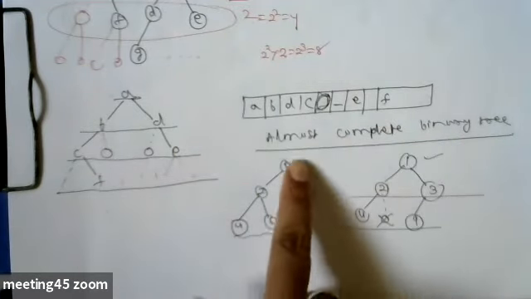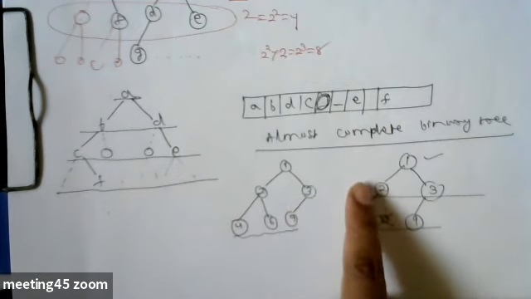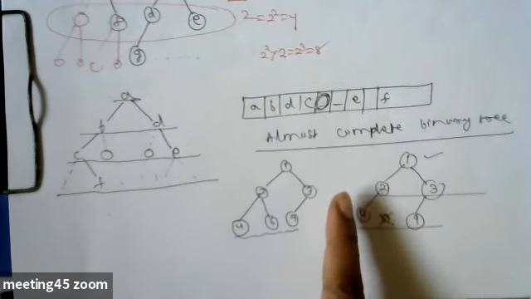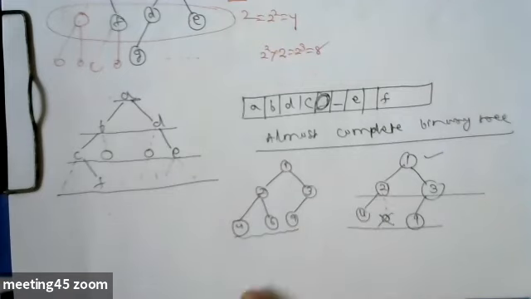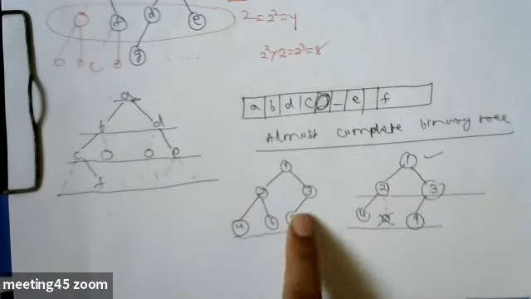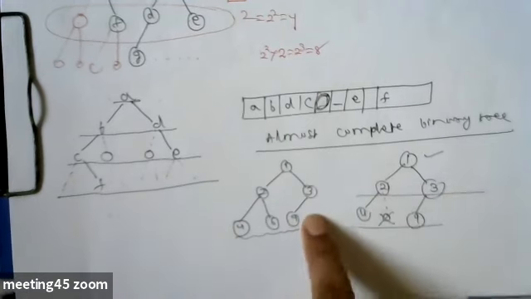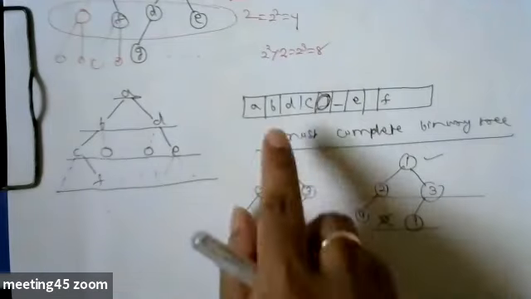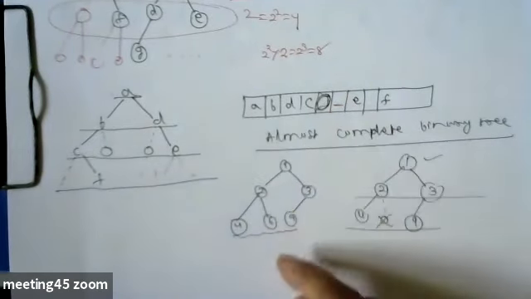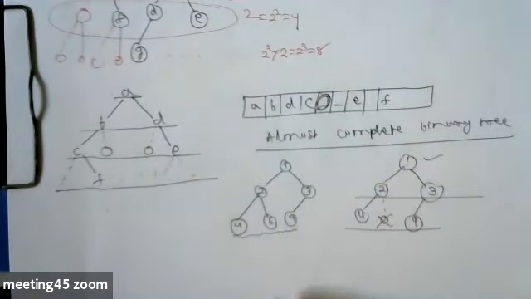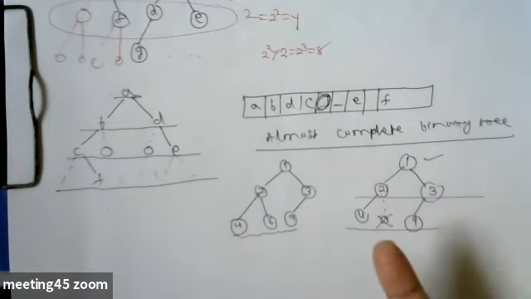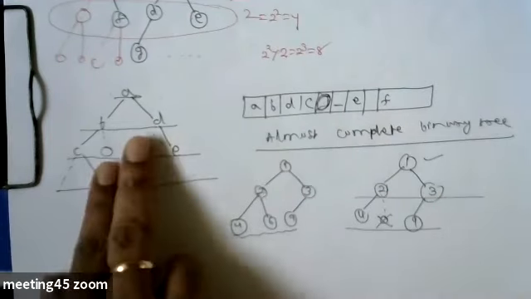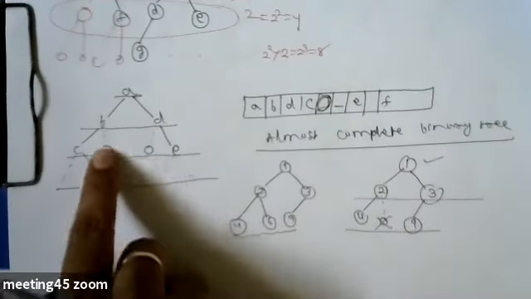But if the same thing is implemented using a linked list, 6 nodes means 6 into 3, 18 elements are required, which is not necessary because it is very easy to represent this kind of tree in an array. That's why the array representation is preferable in certain scenarios, whereas in every scenario it may not be necessary.